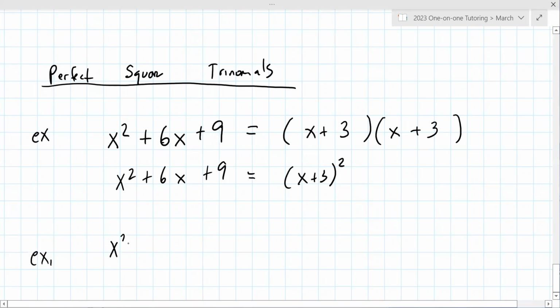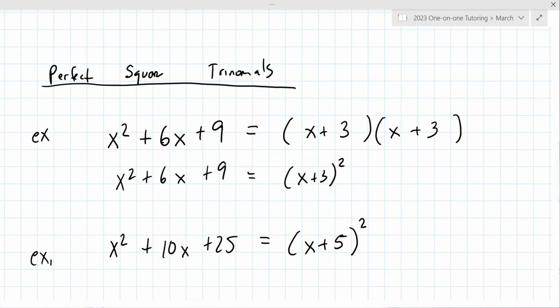All right, we're gonna do a couple more. Let's say it's x squared plus 10x plus 25. You take the square root of the last number here. That becomes x plus 5 squared. Is that the only thing you need to do? Yes.